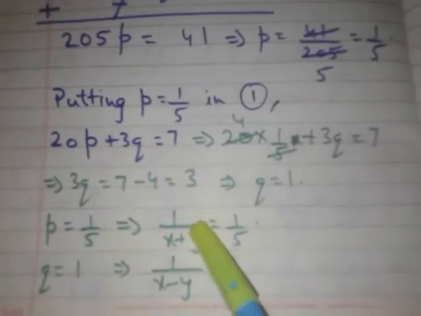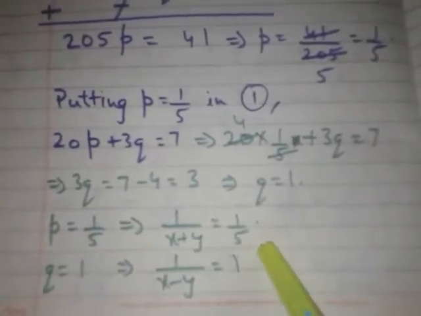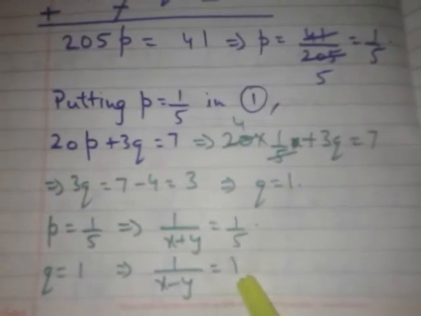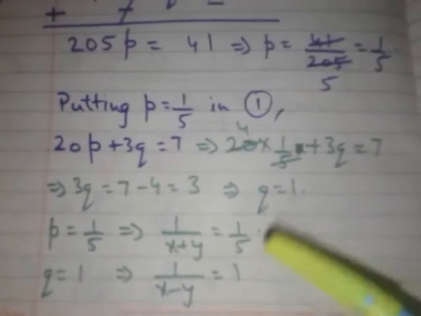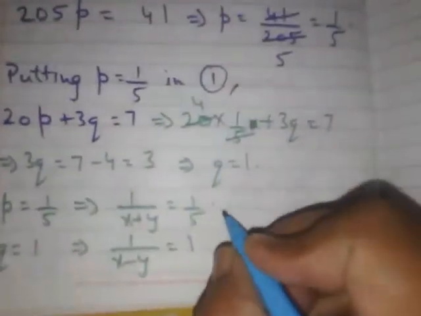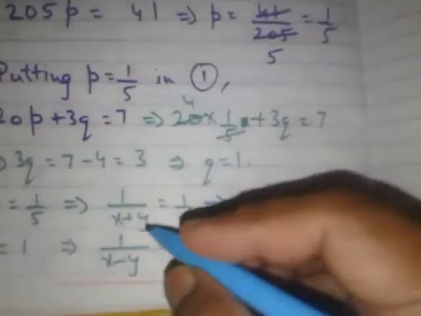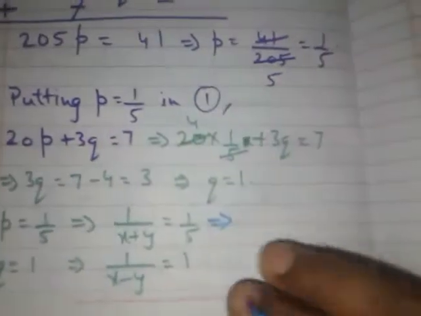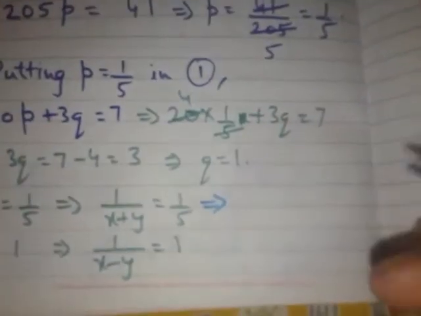So this means 1 upon x plus y is equal to 1 upon 5 and 1 upon x minus y is equal to 1. Now we will reciprocate both the equations, so we can write the equations directly.